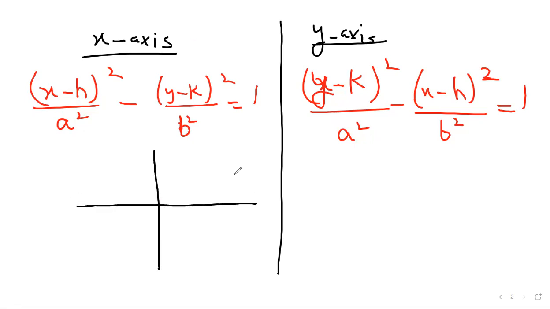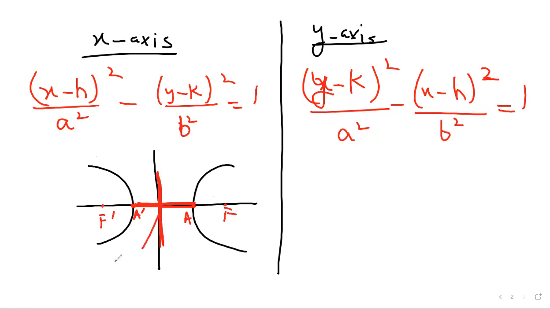The hyperbola shape is this one. For example, it is lying on the x-axis. This is AA dash, the length of the transverse axis, the length of the major axis. This is FF dash, these are the foci. This is your center point, which is (h, k).